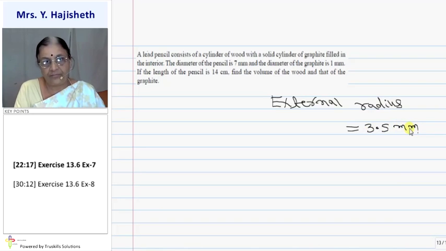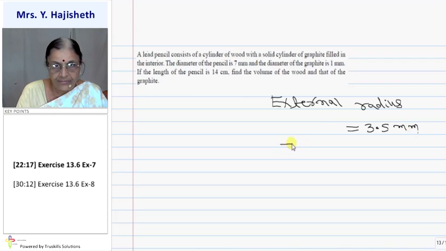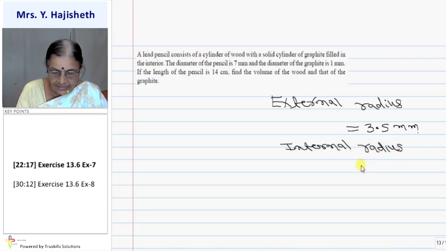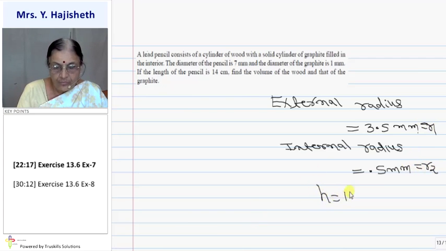Okay, diameter is 7 mm, so radius is 3.5 mm. Then the internal radius, meaning the part with graphite. To find the volume of graphite we have to take the internal radius. It is 1 mm diameter, so 0.5 mm. So this is my R1 and this is my R2. H is given as 14 centimeter, so it is 140 mm, because we have to bring everything into mm.